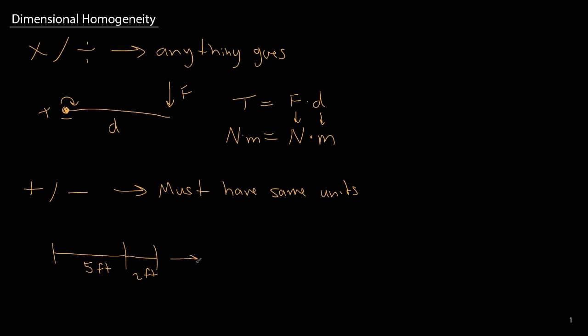If we add them together, it makes sense that we get 7 feet. But it doesn't make sense if one was 5 feet and the other was 2 inches, because the units are different, so we can't simply add them together and say it's 7 feet. So they have to have the same units when you're adding and subtracting, but in the case of multiply and divide, we can manipulate the units independently, or just multiply and divide them together.